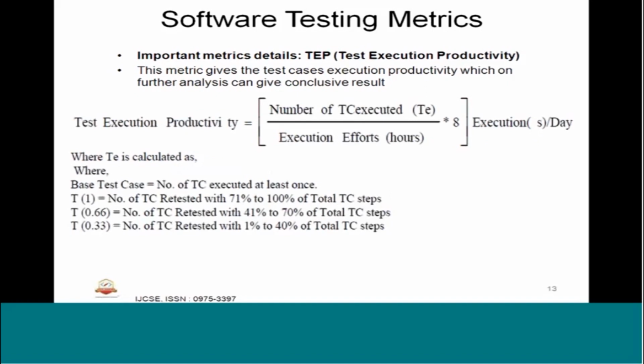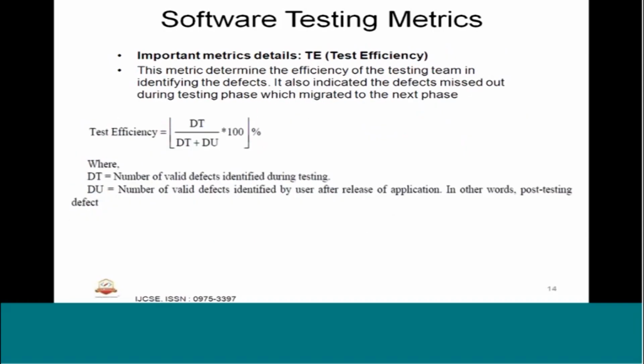Similarly, test case execution productivity: the number of test cases executed divided by the execution effort in hours gives the productivity of the execution. It is more productive if it is 100%, and it is based on the hours.